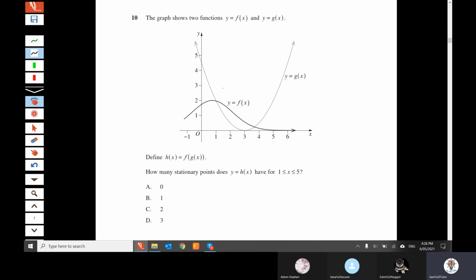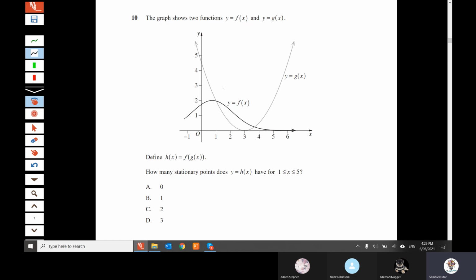Number 10. The graph shows two functions, y equals f of x and y equals g of x. Define h of x equals f of g of x. How many stationary points does y equals h of x have? Again, it's not one that every student in the state would have gone right.